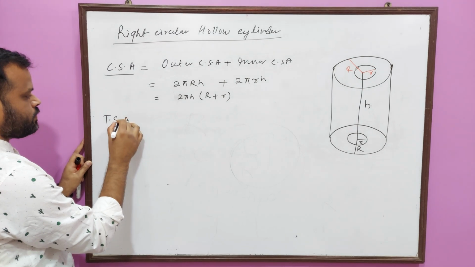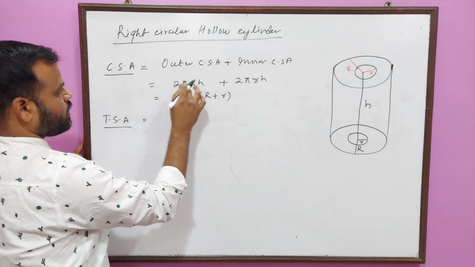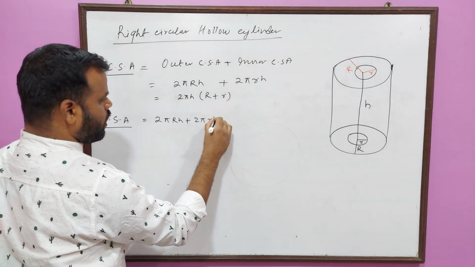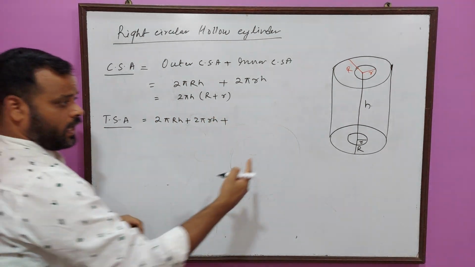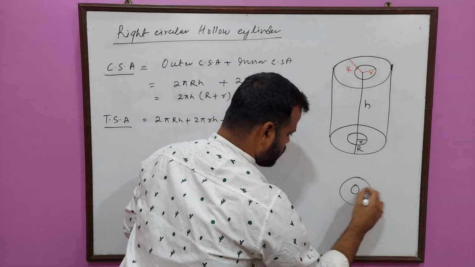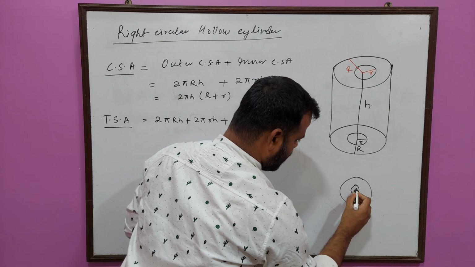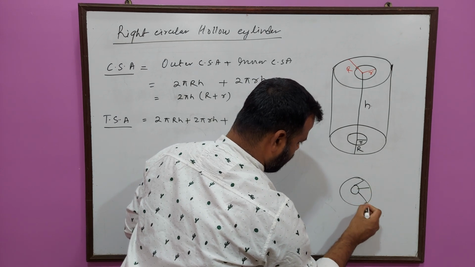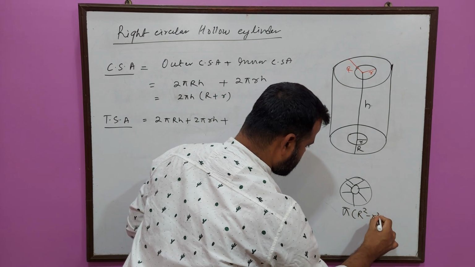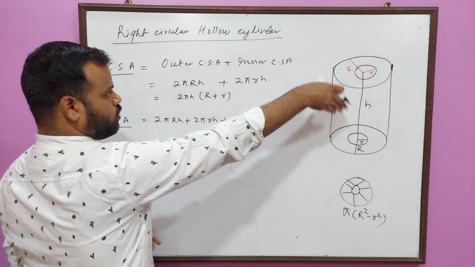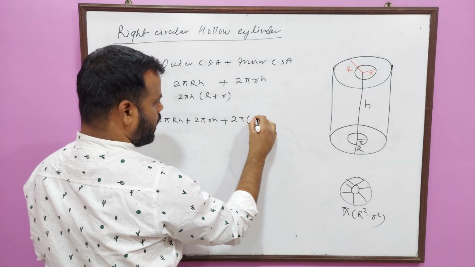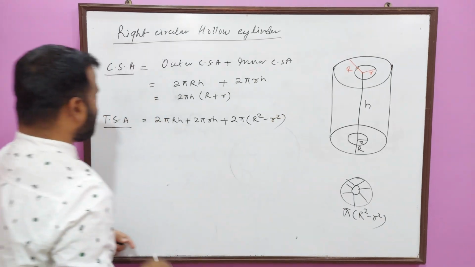TSA will be CSA, 2 pi capital RH plus 2 pi small rh, plus area of the two bases. Nothing is present in the middle, only we need to calculate this. So it will be pi into capital R square minus small r square. There are two, bottom and top, so 2 pi into capital R square minus small r square.